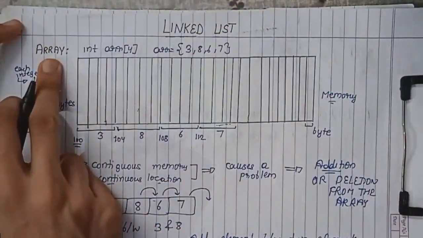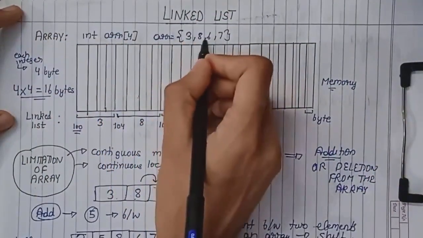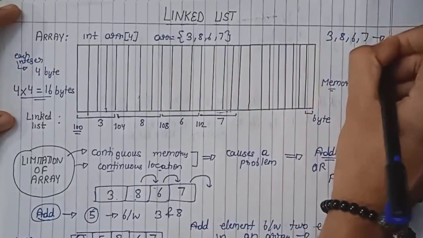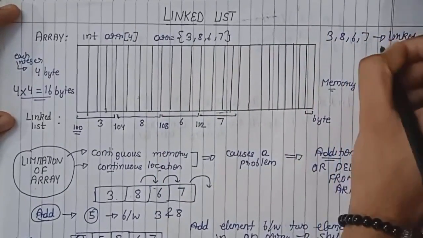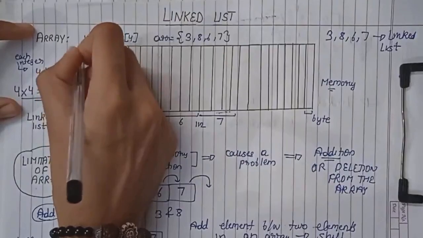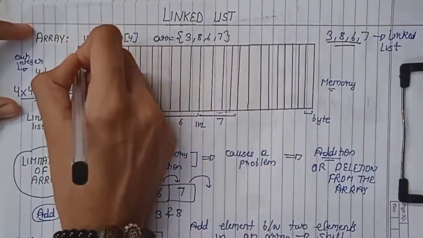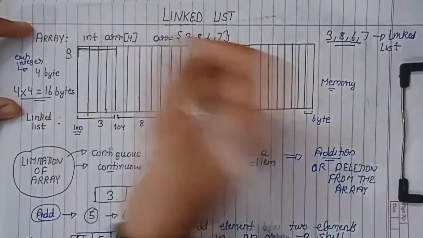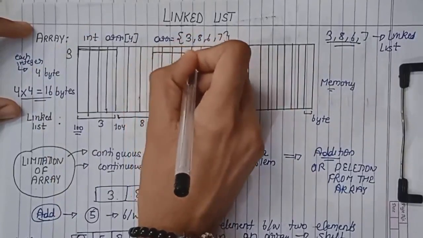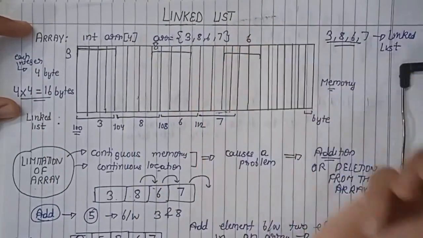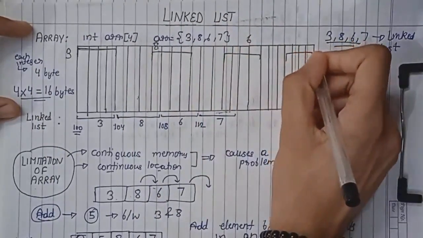In this diagram, 3, 8, 6, 7 is not an array, it is a linked list. Then the memory that you can allocate to your linked list can be like this: here at this place you can have your 3, at any random position we can have 8, at any random position we can have 6, and at any random position you can have 7.